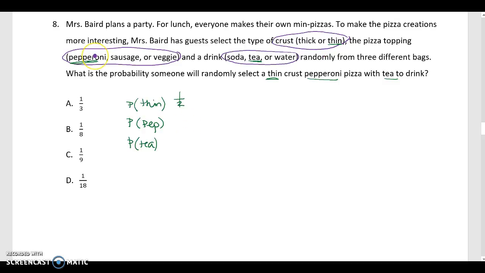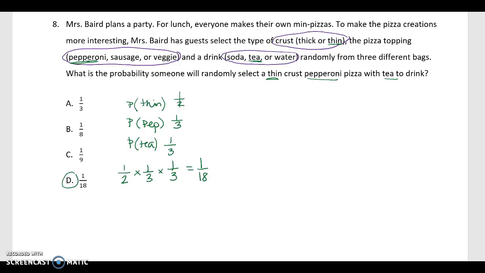Pepperoni is listed once, and there's 3 options of toppings. And then the drink, tea, is listed once, and there's 3 options there. So now what do we do with our probabilities? We multiply them. So 2 times 3 is 6, 6 times 3 is 18. Okay, so we have our answer here.